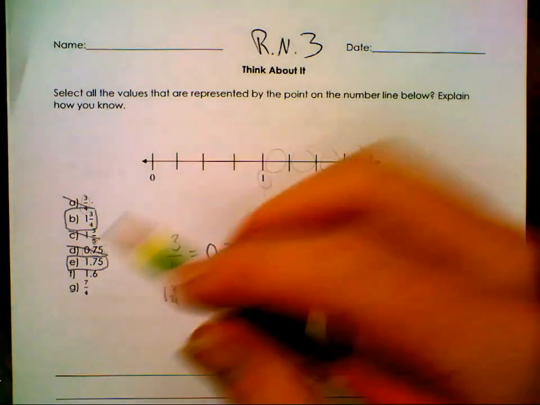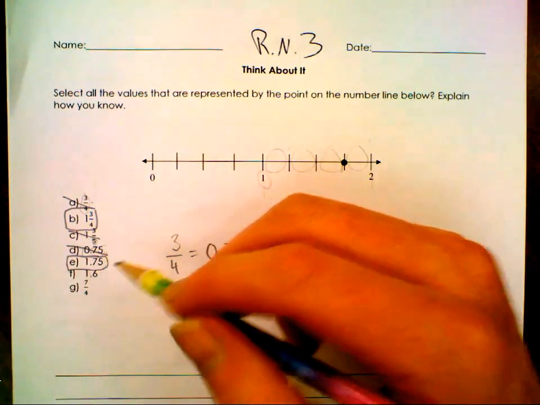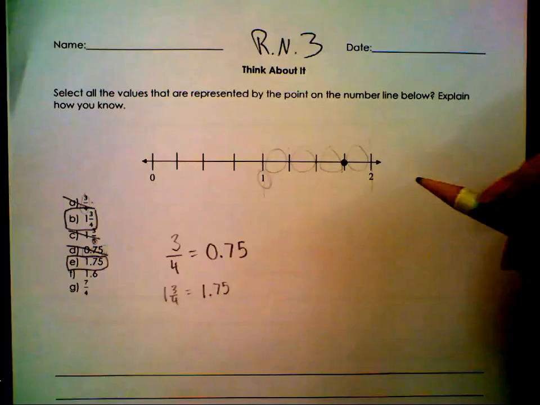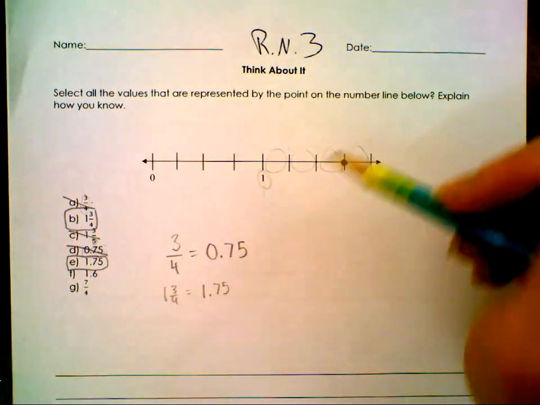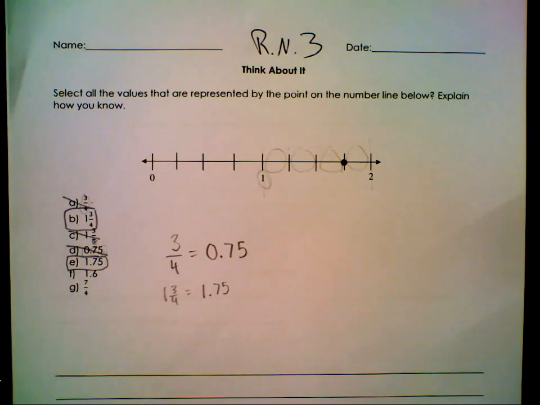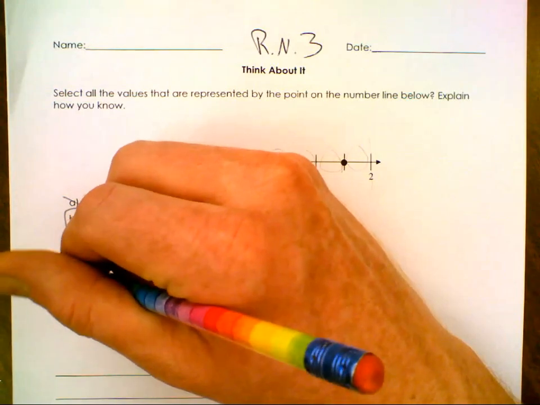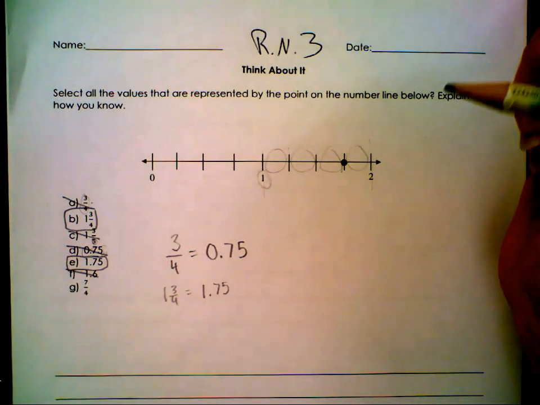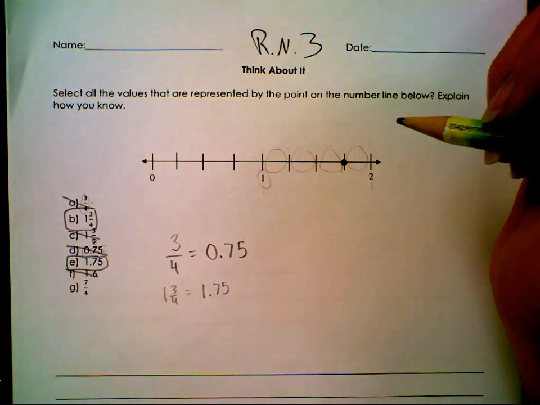The next option, 1 6/10, doesn't fit. It's close, but it doesn't fit because 1 6/10 is not the same as 1 75/100.